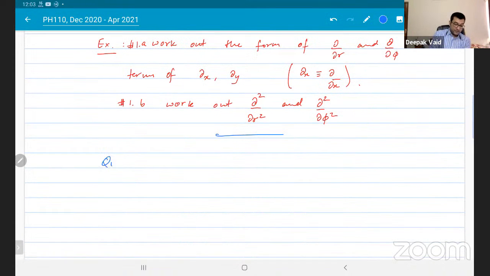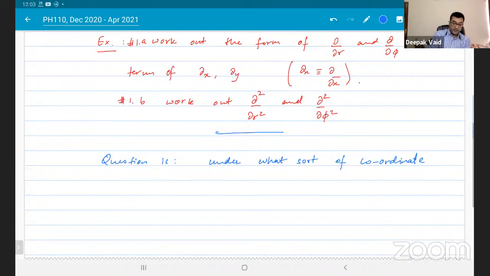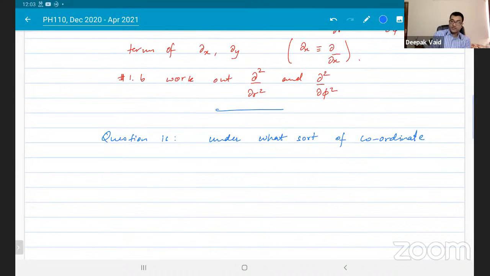So the question then is, the Galilean transformation is not the correct transformation, right? So what should be the correct coordinate transformation?